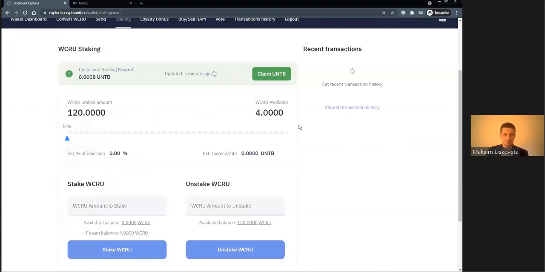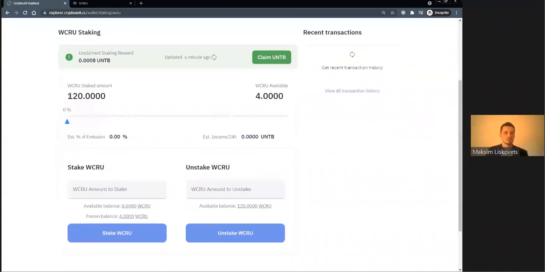Well, we come back to World CRU staking. How can you do it? Look, in this case, I have 120 World CRUs staked and 4 World CRUs available. Here, you can see how many World CRUs you have available that could be staked.